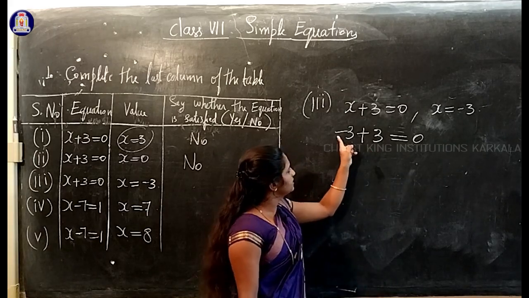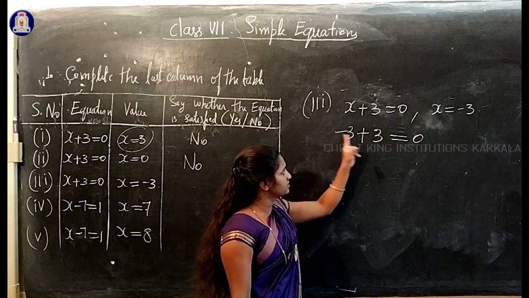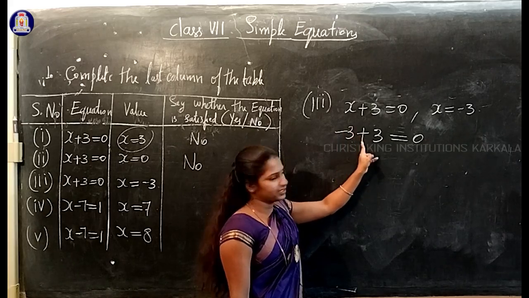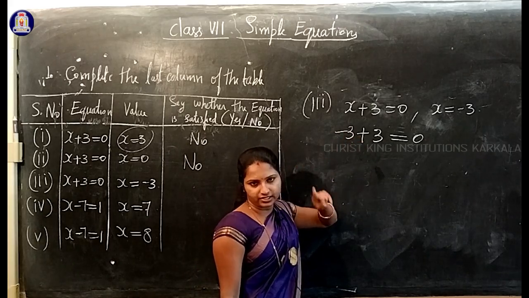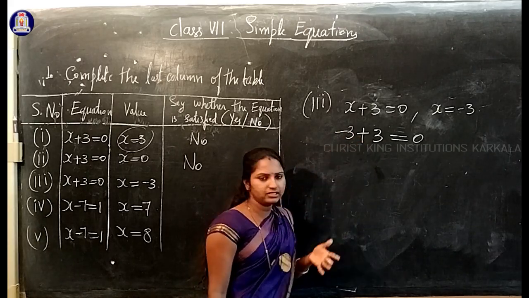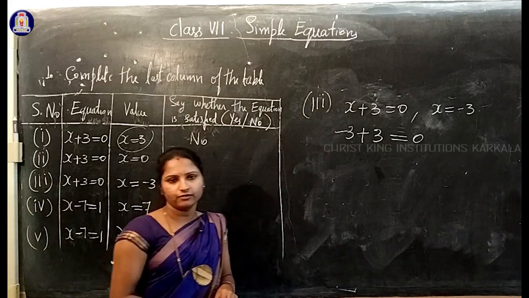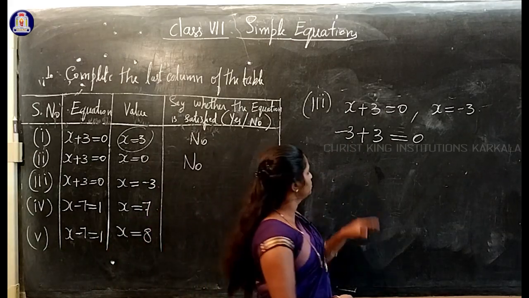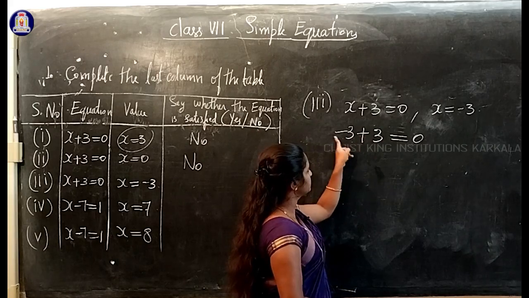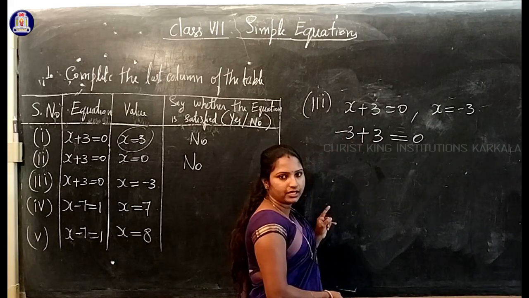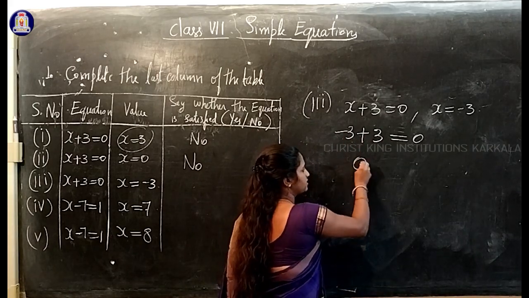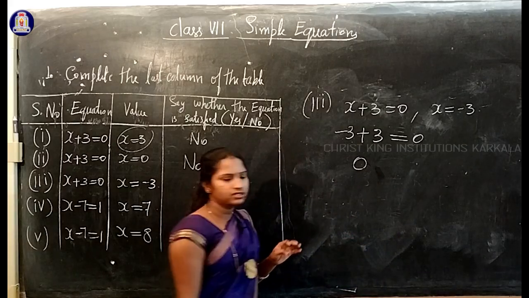In integers, first see the sign, minus plus. It is a different sign, and different sign means subtraction. So subtract, 3 minus 3 is 0.